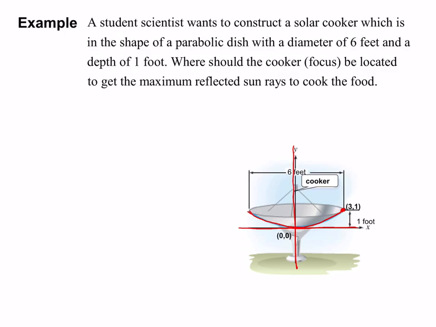Now, they don't tell you right off the bat that that's a point, but it's over 3 feet and up 1 foot, so it is a point, (3, 1). And we're going to put it at (0, 0) to make life easy. And then the question is, where's this focus?